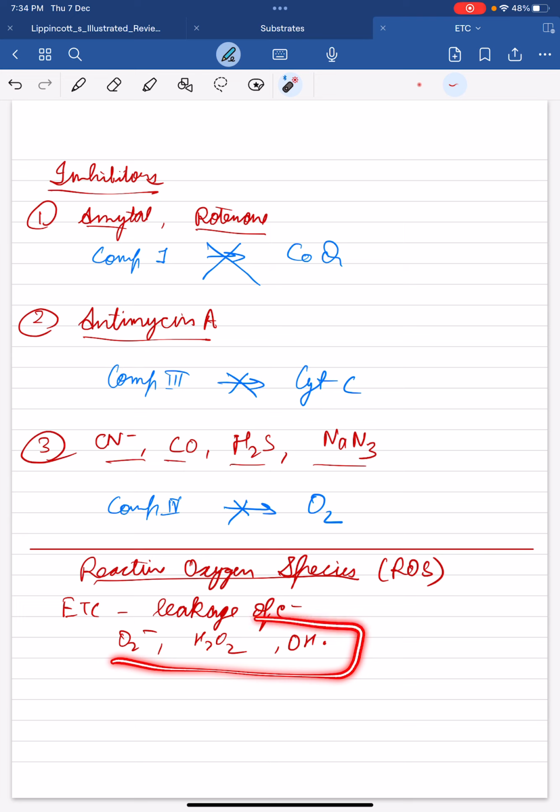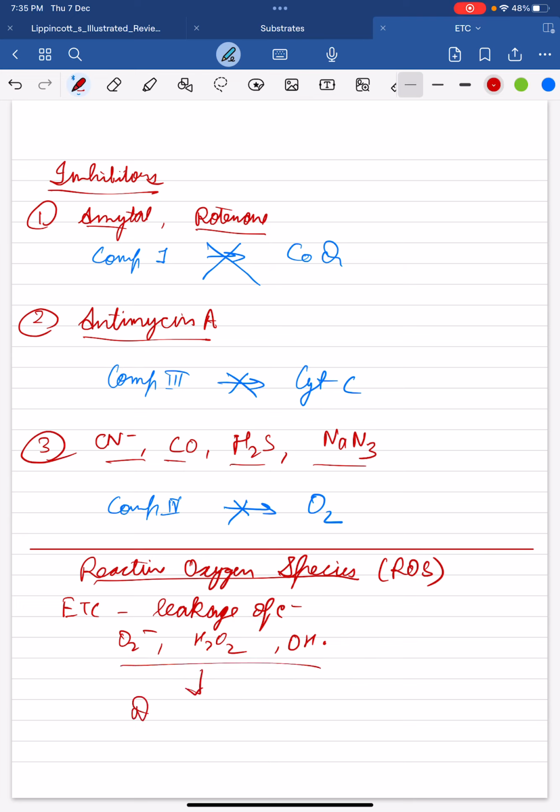Now these substances can damage the DNA, they can damage the proteins, and they can cause lipid peroxidation.